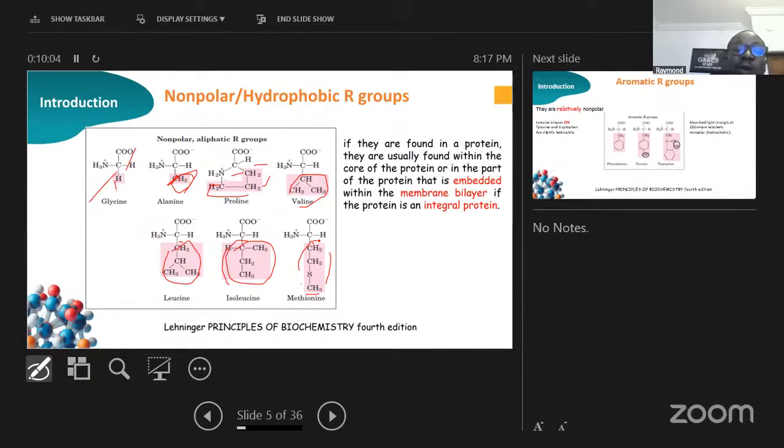If these amino acids are found in a protein, we always say that they will be found within the protein, that is, if it's an integral protein, within the portion of the protein that is shying away from water. They will cause the protein to fold in such a way that they are moving away from the water environment.